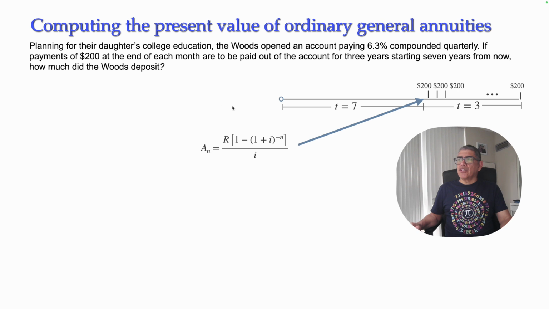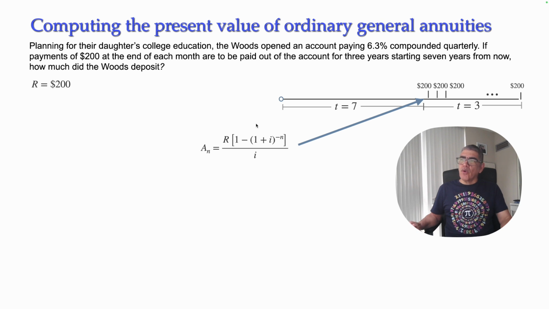So what information do we have? We know that the payments are $200, so they are going to receive $200 at the end of each month. It's easy to notice what n is, because this is the number of payments. In an annuity, n is always the total number of payments.